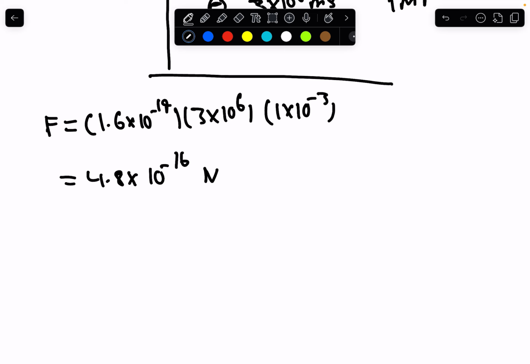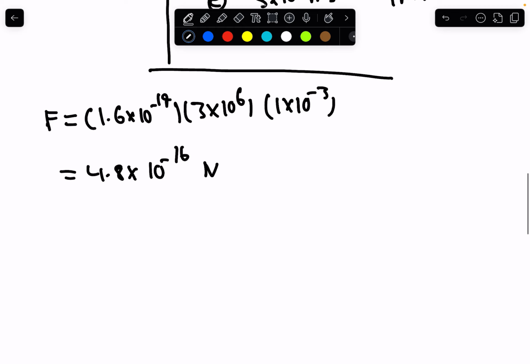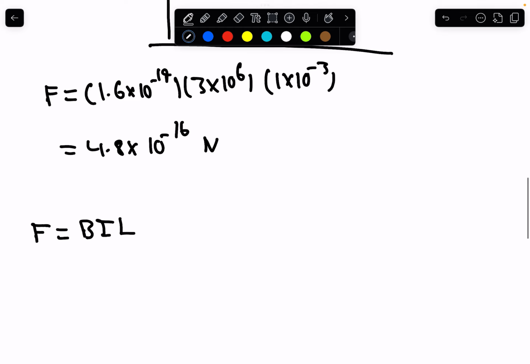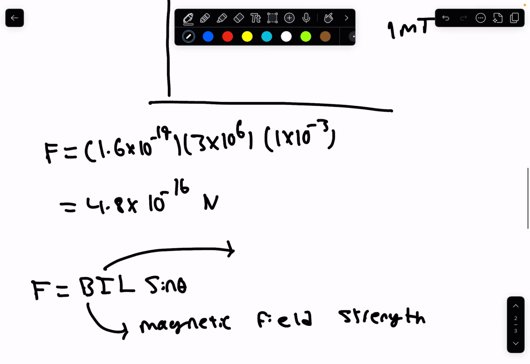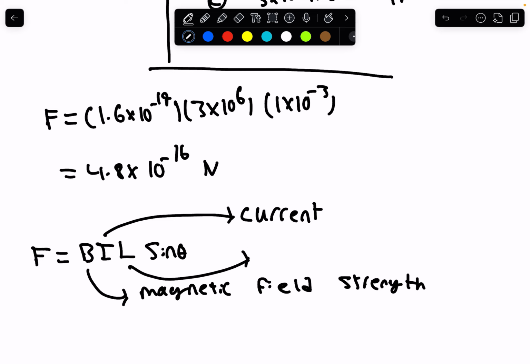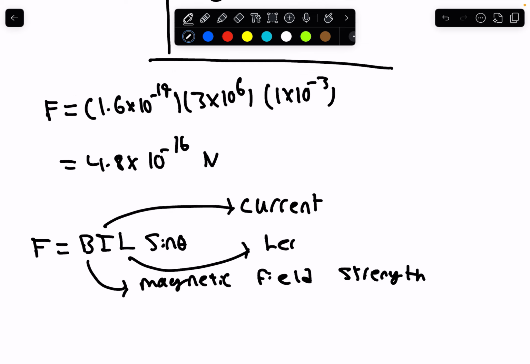If you had a wire that carried current in a magnetic field, the force on that wire would be given by the following equation: F equals B I L sine theta, where B stays the same as the magnetic field strength, I is the current in the wire, so the rate of flow of charge, and L is the length of the wire within the magnetic field.